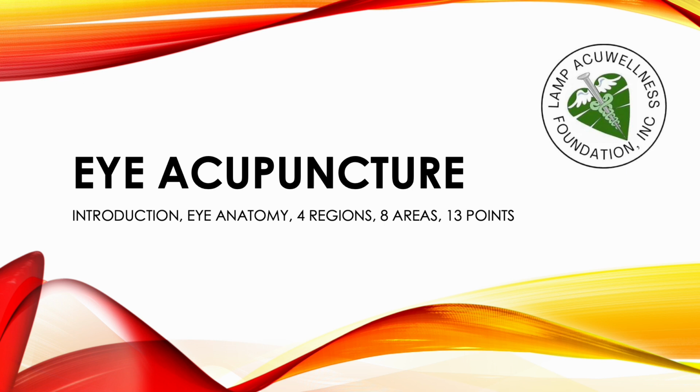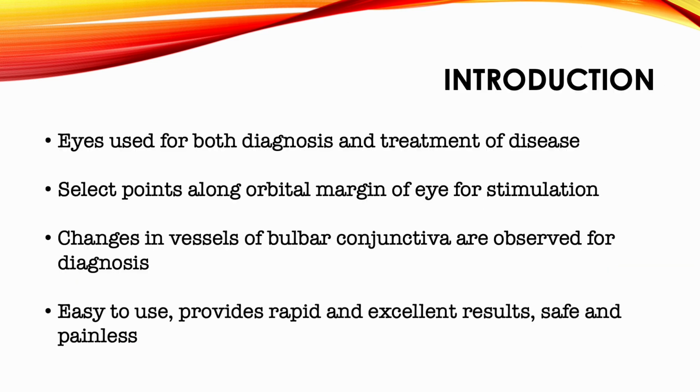Introduction, Eye Anatomy, 4 regions, 8 areas, 13 points. With eye acupuncture, the eyes are used for both the diagnosis and the treatment of disease. To treat disease, select points along the orbital margin of the eye for stimulation.